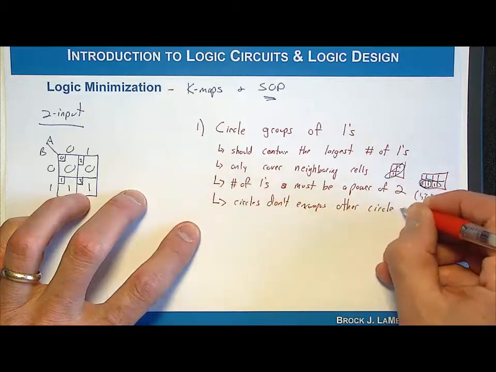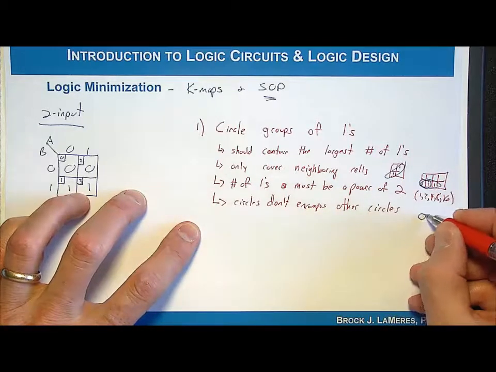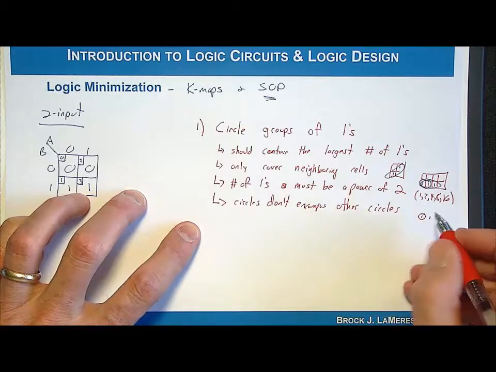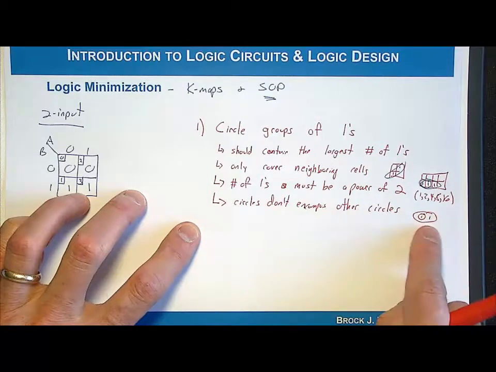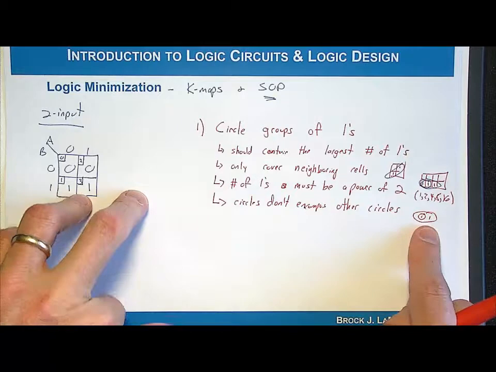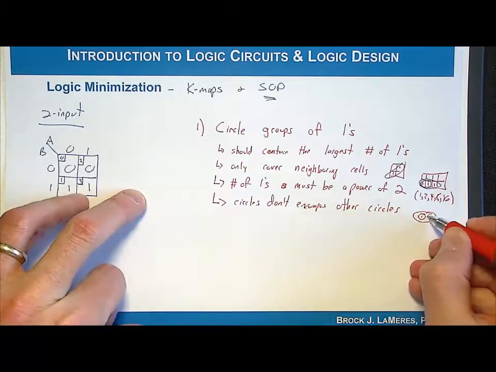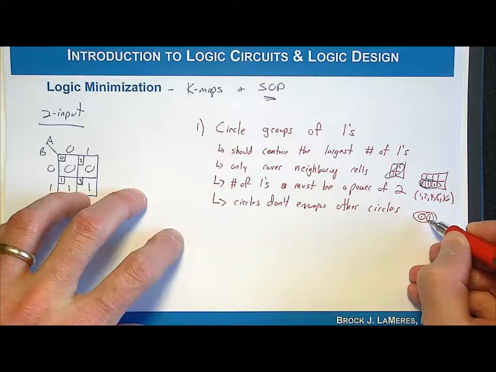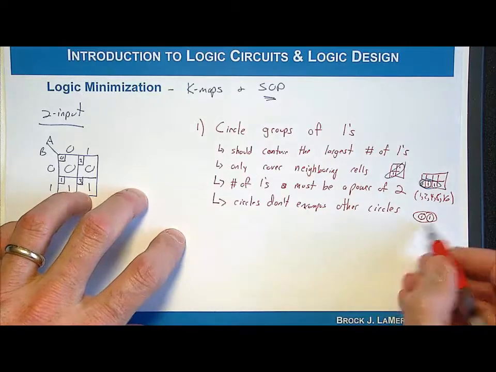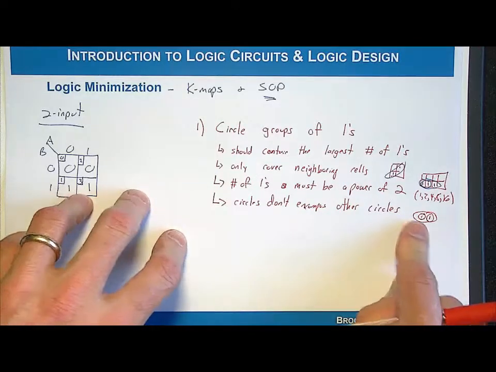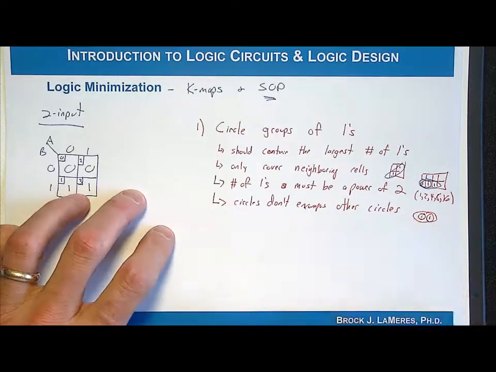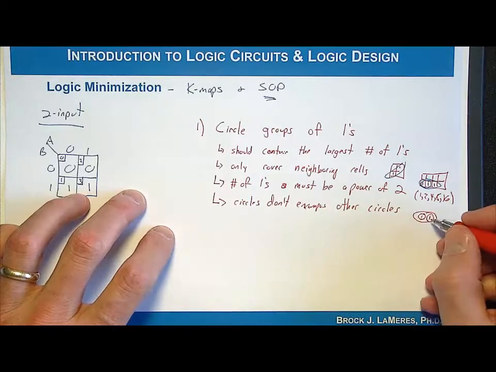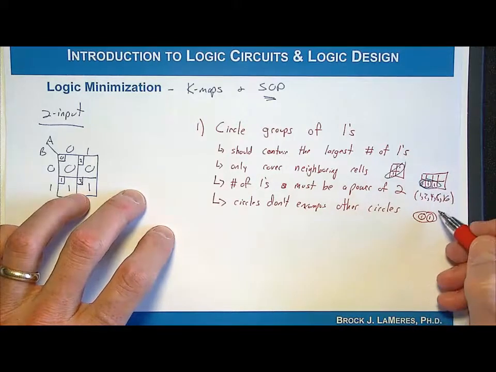And what I mean by that is that if you had a circle like this where you circle a 1 and you had something like that, you wouldn't circle like that. So you cover all the ones with a circle. You would not have the need to have both of the ones circled individually. So as soon as a 1 is covered with a circle, it's taken care of. And you enter as many circles as necessary in order to cover all the ones in the Kmap.